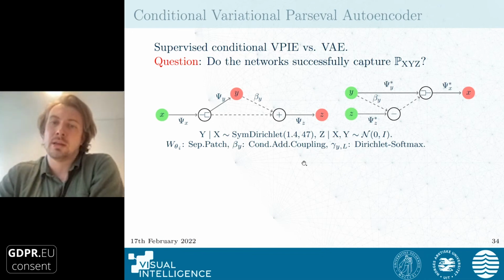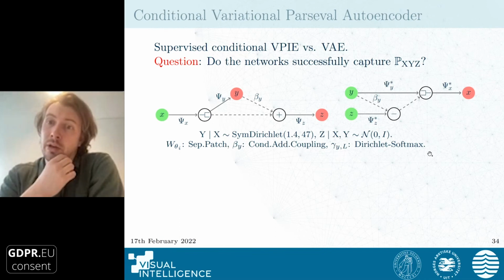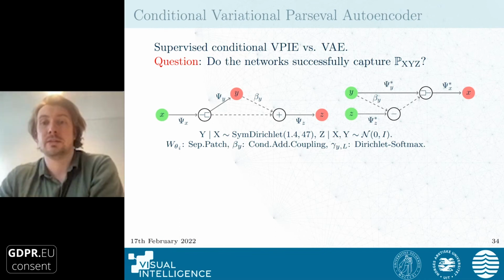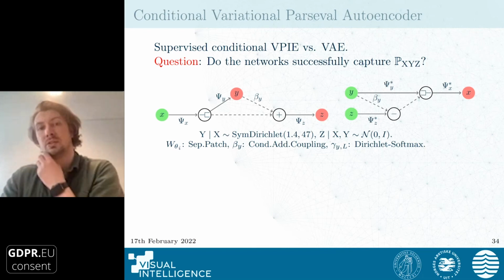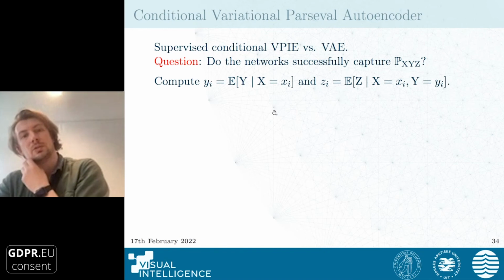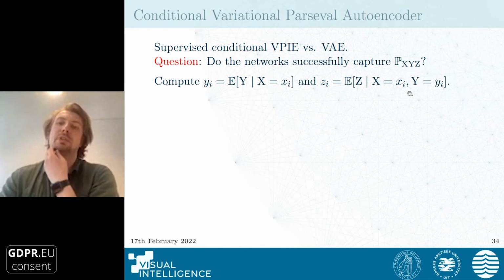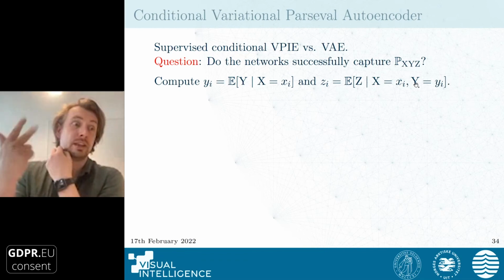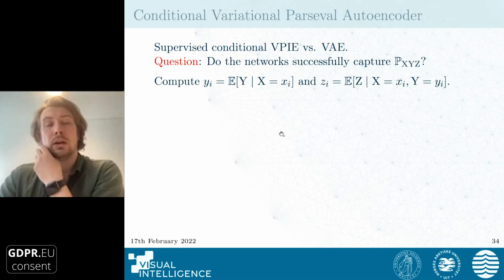And doing this allows us to condition the probabilistic outputs on the labels, and allows us to reconstruct images given labels as well. So the question is, do the networks successfully capture this joint distribution over the images, the labels, and this latent probabilistic term?